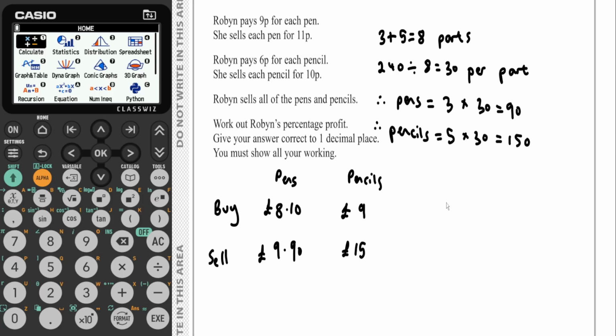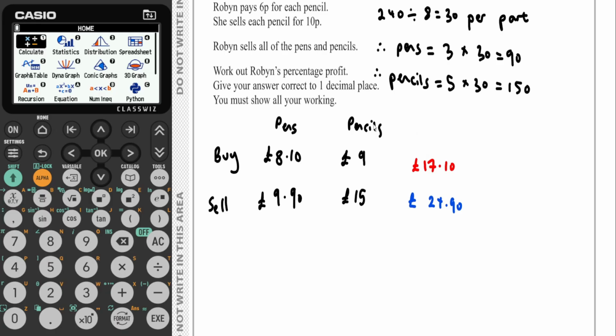So in total, £8.10 plus £9, that's equal to £17.10, and for what we sell, 15 plus £9.90, that's equal to £24.90.